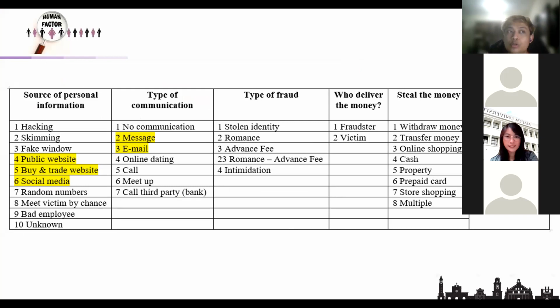It is just like doing the accident analysis. In week 7 we will study accident analysis, and this is almost the same. Let's say fraud is something like an accident.